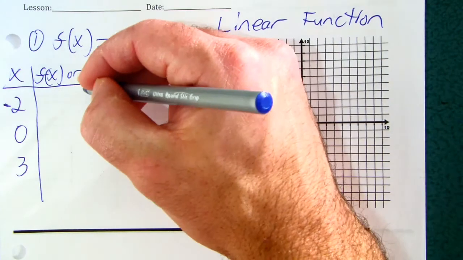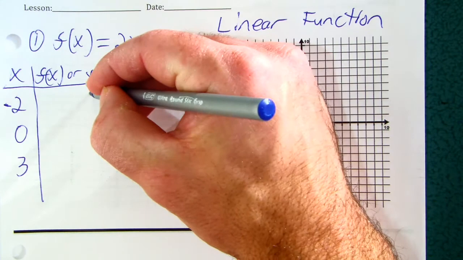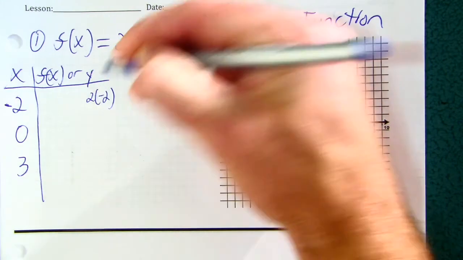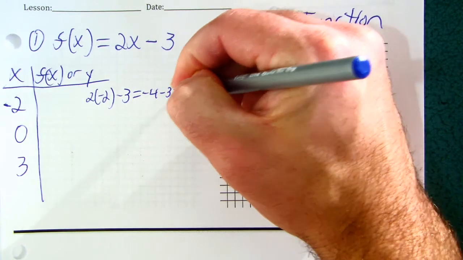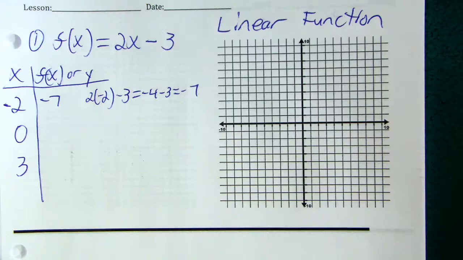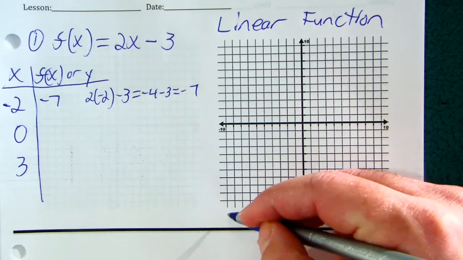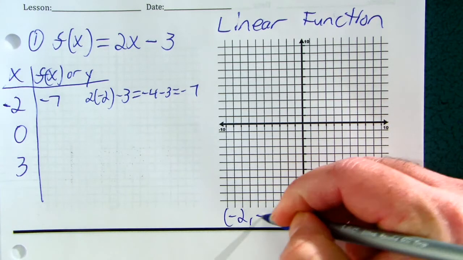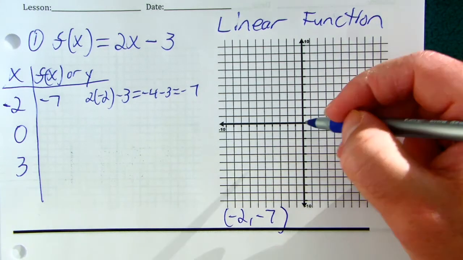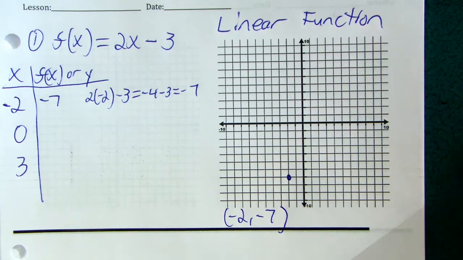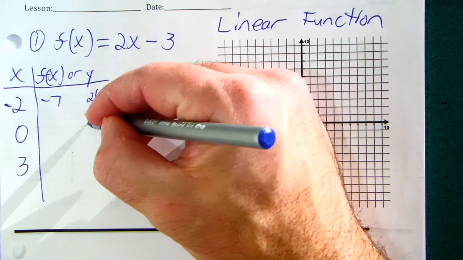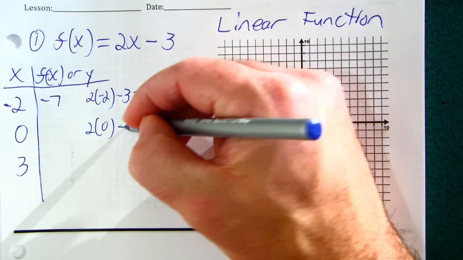So to figure out my y values here, I'm going to do 2 times -2 minus 3. That's going to give me -4 minus 3 is -7. So my first point then I'm going to graph is -2, -7. Next up we got 0. We got 2 times 0 minus 3.